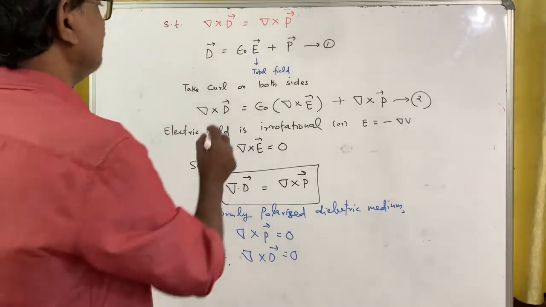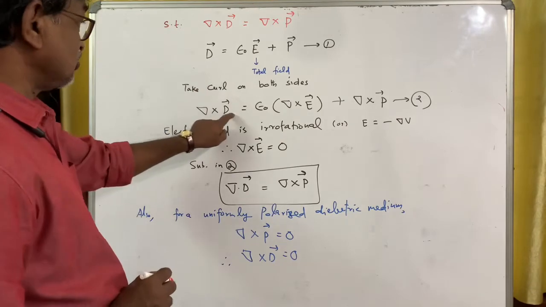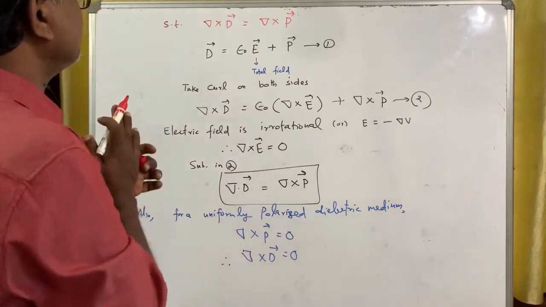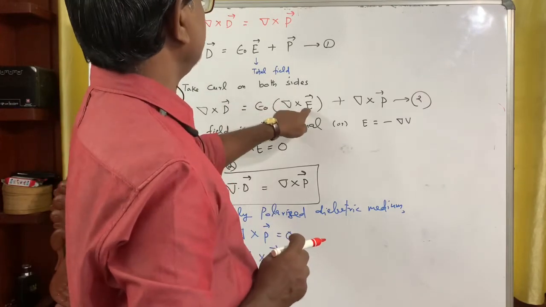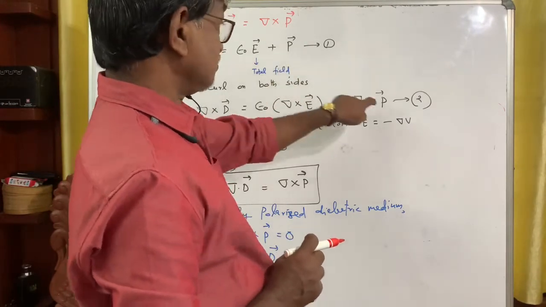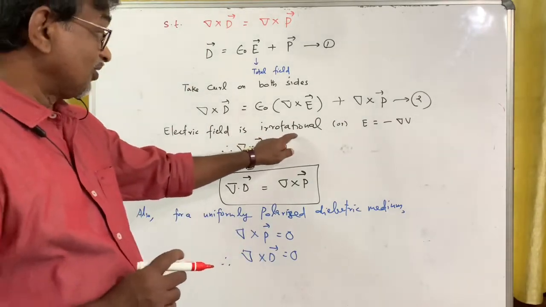Take the curl on both sides. Here it becomes del cross D, and here it becomes epsilon 0 into del cross E plus del cross P, equation 2.